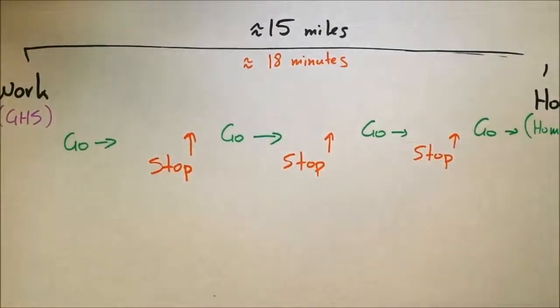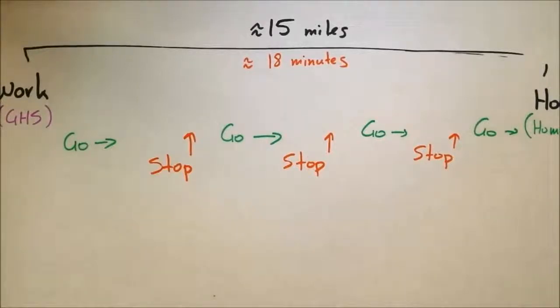All right, so for number 5, you're asked to think of a trip that you just took and approximate the total distance and the total time it took, then calculate the average speed. And lastly, explain how instantaneous speed varies over the course of the trip. Sure, not a problem. Since I lack imagination, I took the most recent trip that I took, which was from work to home.